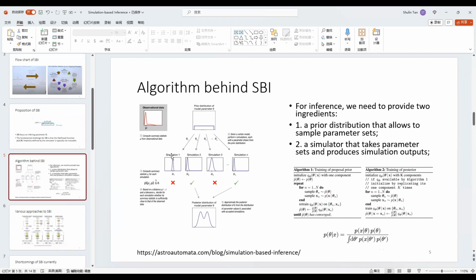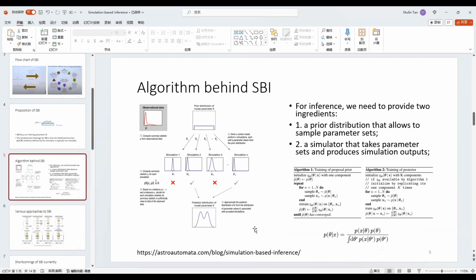Once you get that, you just need to take samples from your observed distribution, and then you'll be able to find what my parameter theta will be given the observation of X. So that's the algorithm behind SBI.